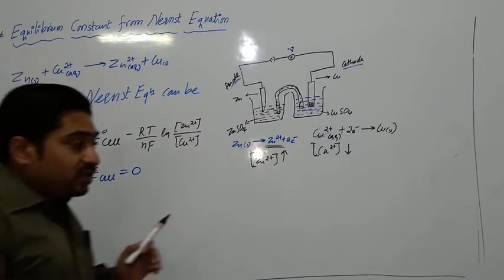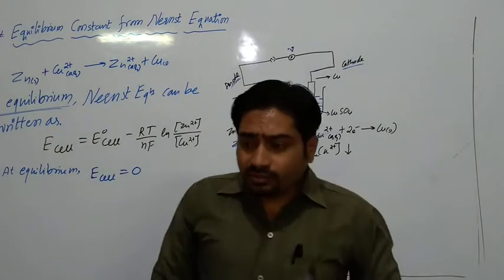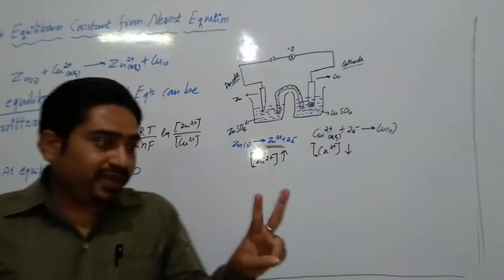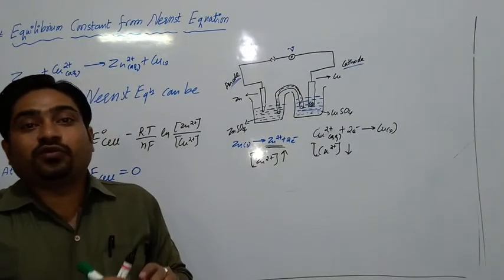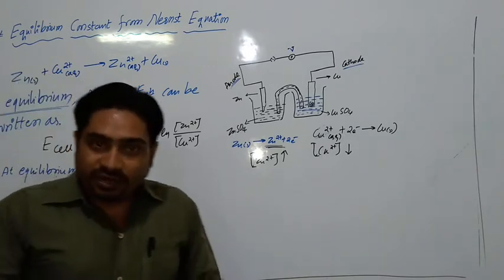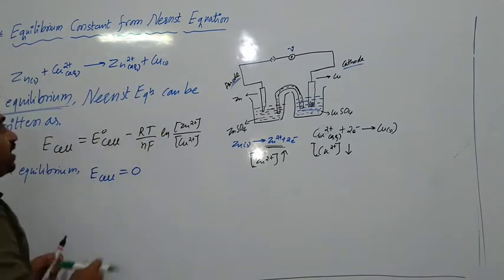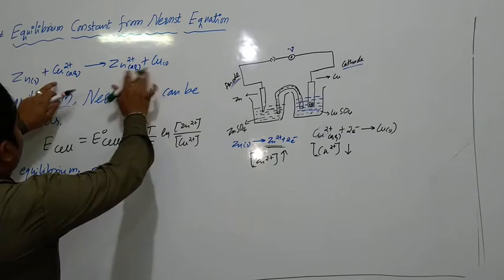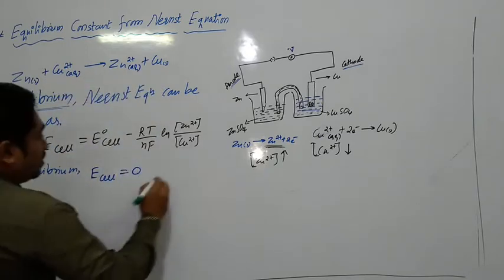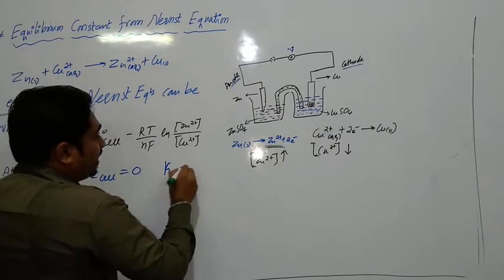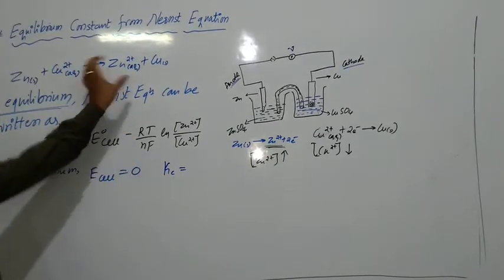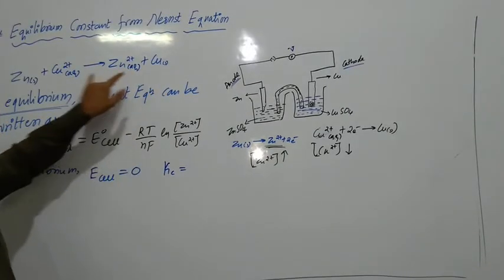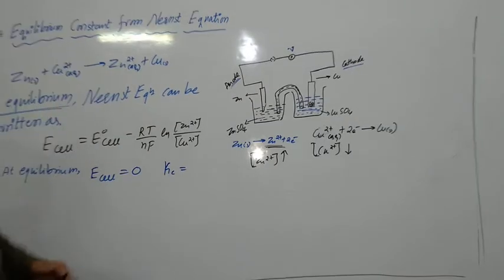Do you remember equilibrium constant? We have two types of equilibrium constant: equilibrium constant for solutions or equilibrium constant for gases. Let us write the equilibrium constant for this reaction. According to the law of chemical equilibrium, it is the concentration of product divided by the concentration of reactant.